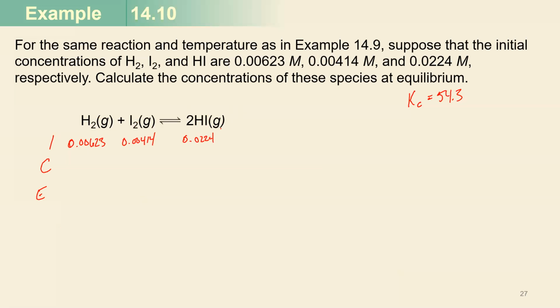Okay. Well, now that we have some product, it's not very clear which direction our equilibrium needs to shift in order to reach equilibrium, right? Which direction our reaction needs to go. And so how do we determine whether our reaction needs to go toward the reactants or toward the products?